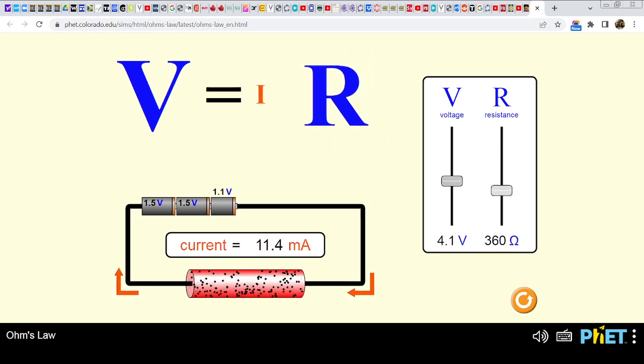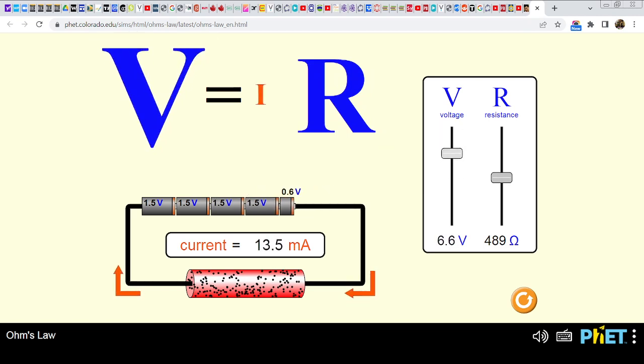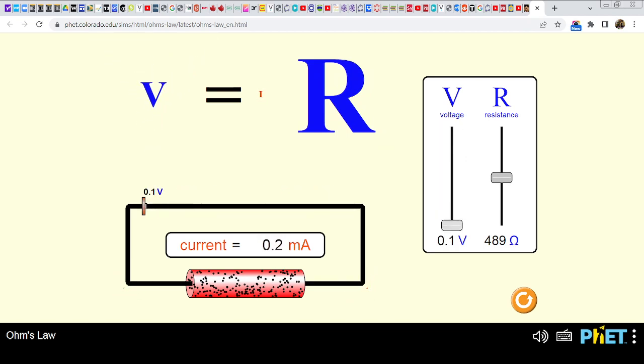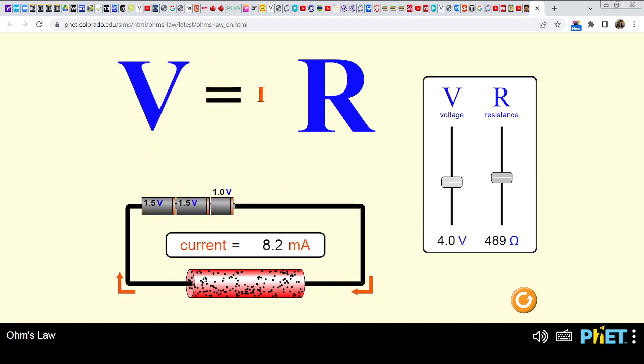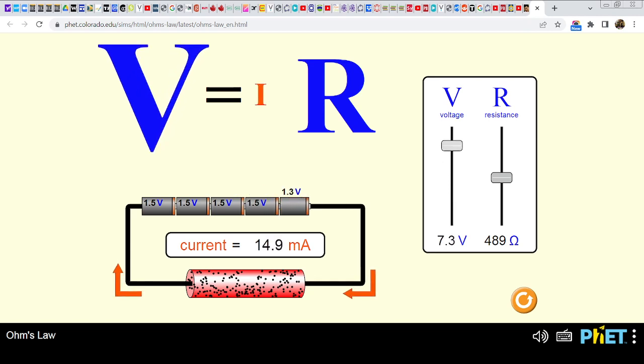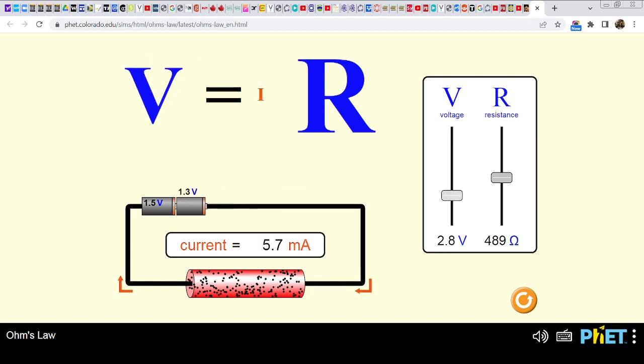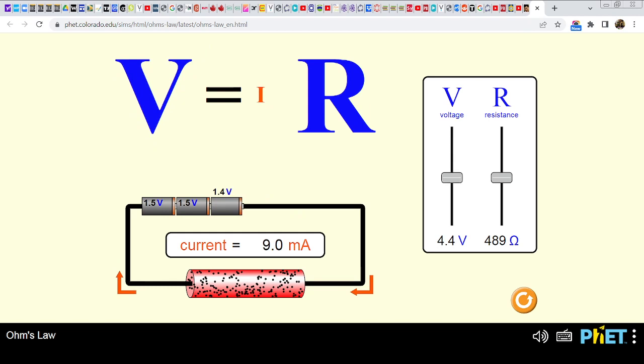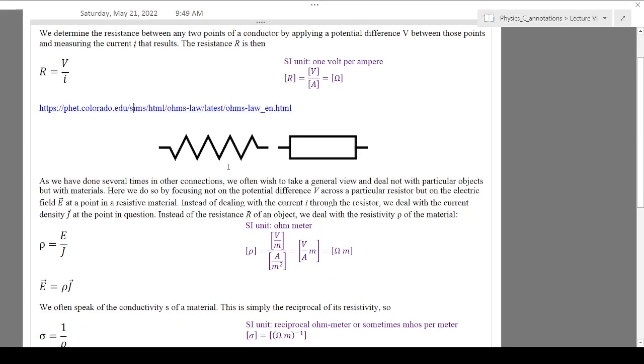So this is what we can see here. So if I increase the voltage, I'm going to increase the current as well. See, this ratio should be constant, and this ratio is known as resistance. Okay, let's go ahead.